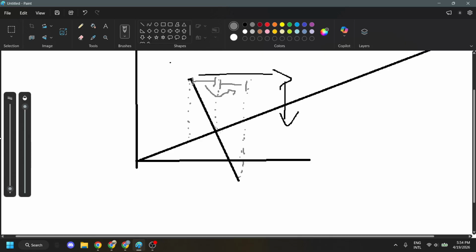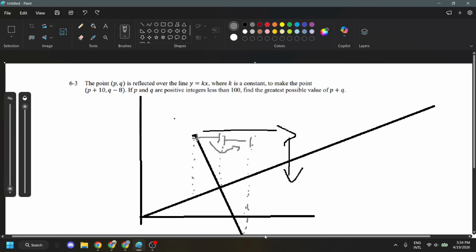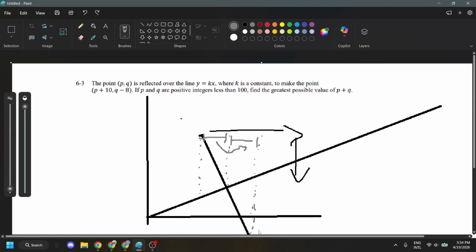Can we do the same thing with y? Yeah. So can we find the x value of the intersection point? Let's say we have the point 1, 1 and the line with slope 1/2. How do we find the intersection point of the perpendicular of the line to the point?